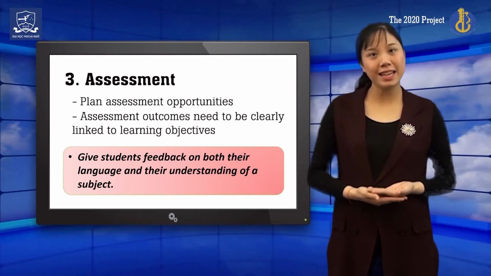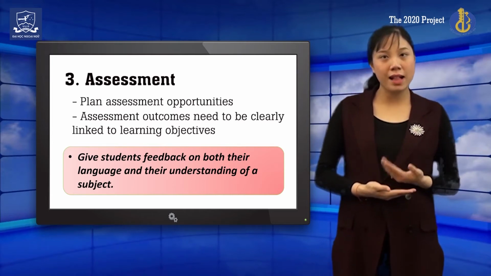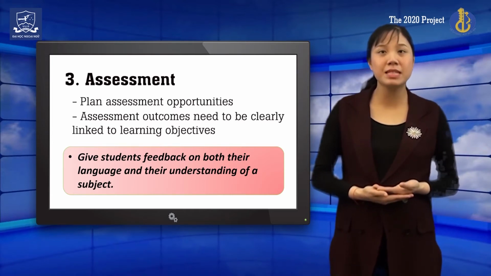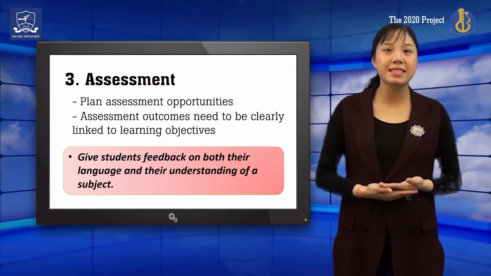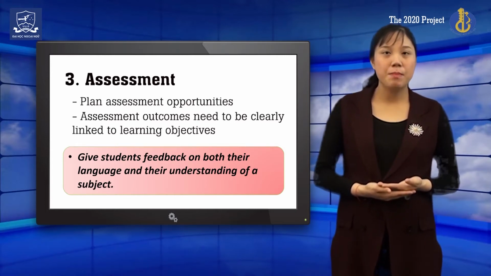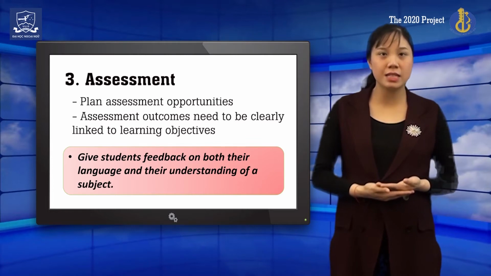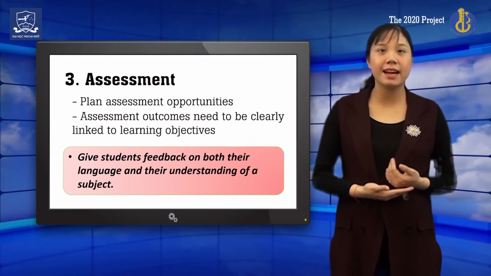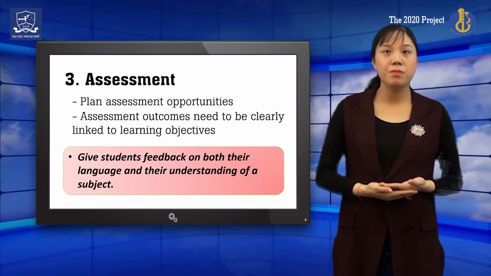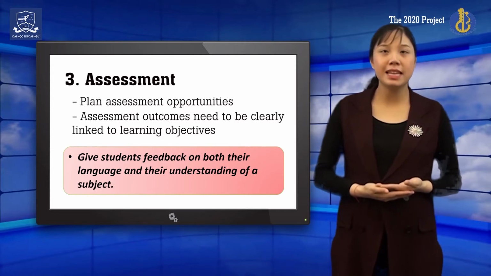Give students feedback on their language as well as their understanding of a subject. This sends a message to students about the value of language as a tool to communicate their ideas, and also makes sure that language learning progresses.